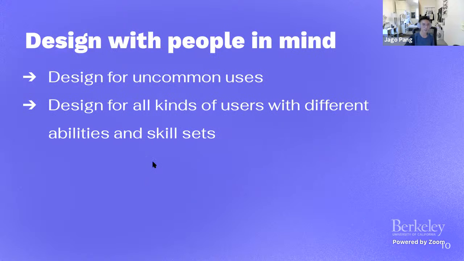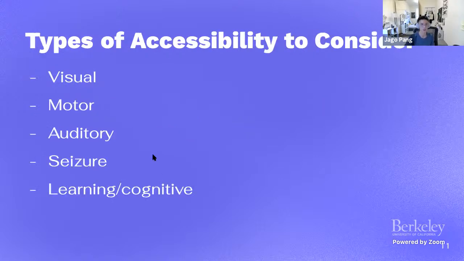When thinking about how to include accessibility, it's essentially thinking about how to design for common uses and designing for all people, for different abilities and skill sets. The main types of accessibility you need to consider are visual, motor, auditory, so hearing, seizure, for example flashing colors or related ones, and learning and cognitive.